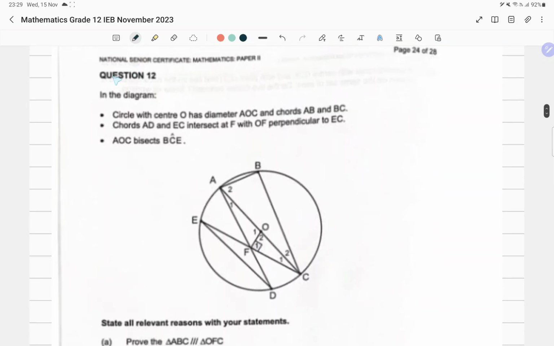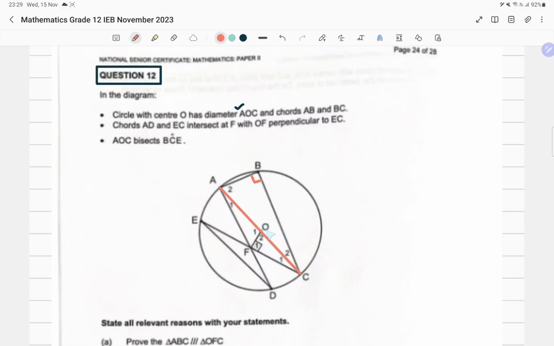Okay, there was this question 12 also, the Euclidean geometry. So let's have a look at it and see. In the diagram, circle with center O has the diameter AOC. So where is the diameter? AOC. So if that's the diameter, it means this angle subtended by the diameter should be a right angle.